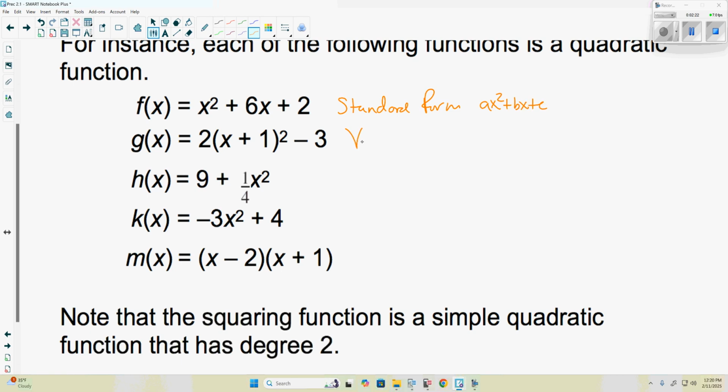The second one is in vertex form, a times (x minus h) squared plus k. And the last one is in x-intercept form. These different forms have different pieces of information contained within them.